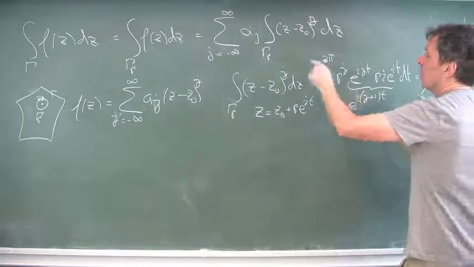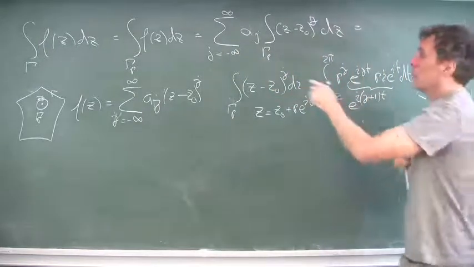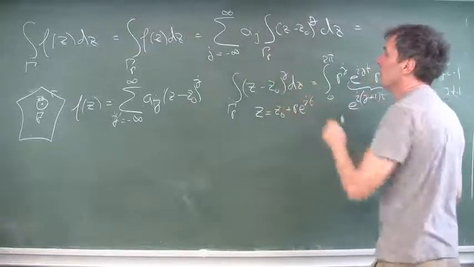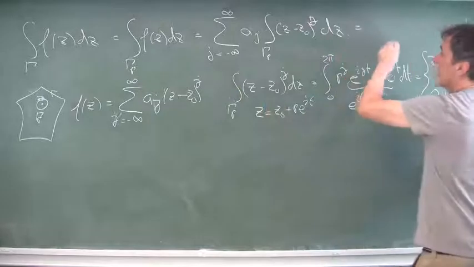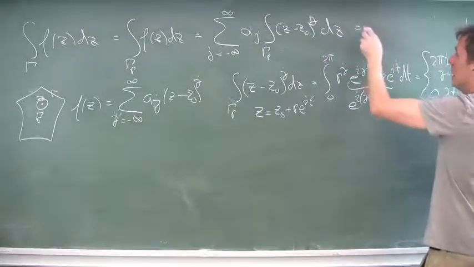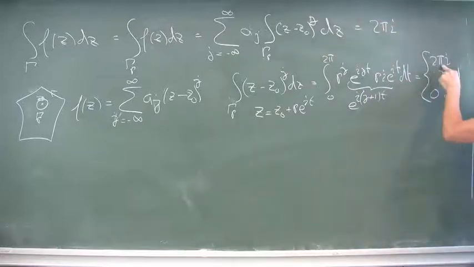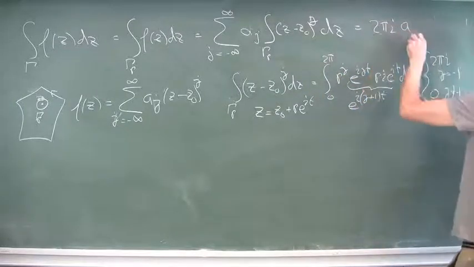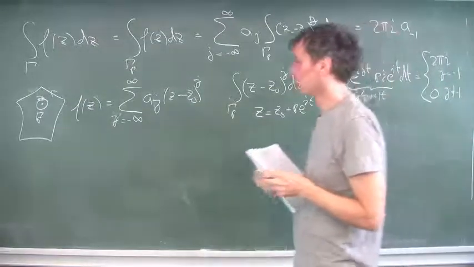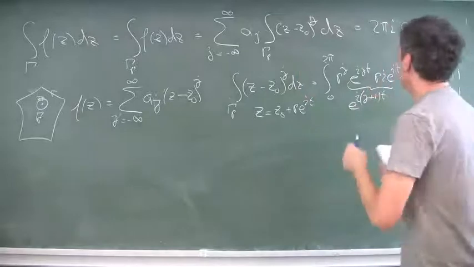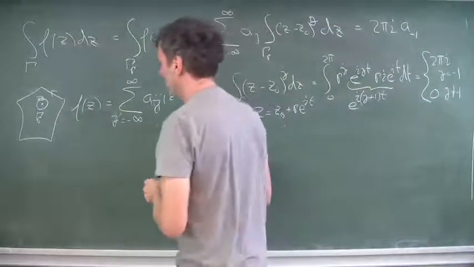So the conclusion is now that although this sum is formally infinite, there will only be one term different from 0, namely the one when j is equal to minus 1. And so then this will sum up to this constant 2 pi i times the coefficient a minus 1 in the Laurent expansion. So obviously this constant a minus 1 is important for integration, so we have a special name for it.